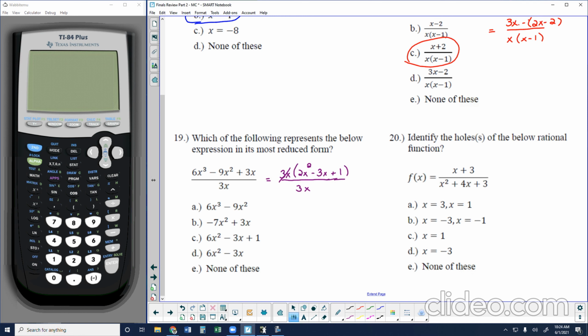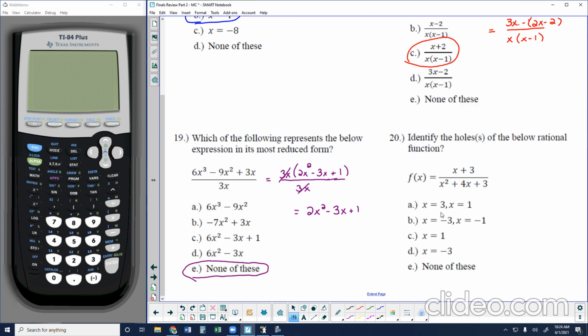Then my 3x in the numerator would divide with my 3x in the denominator, and I would have the remaining expression 2x squared minus 3x plus 1. If I take a look at the expressions that are listed, it's close to C, but doesn't exactly match C, so this is actually going to be none of these. It's not going to match any of those options. The correct answer would have been 2x squared minus 3x plus 1.